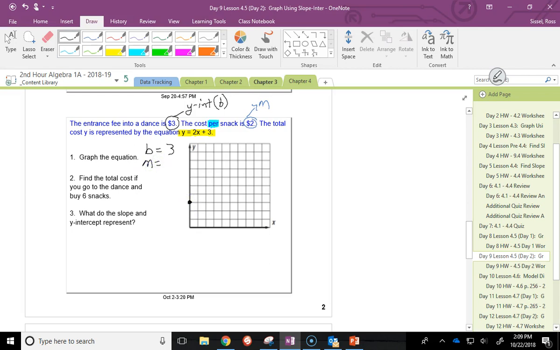M equals, and of course my slope, like I said before, is 2. So I'm going to say 2, or it might help me to write it as a fraction, 2 over 1. So I'm going to raise 2, 1, 2, and over 1. And I like to try and do 3 points. Okay, I'm going to go ahead and put my line in.